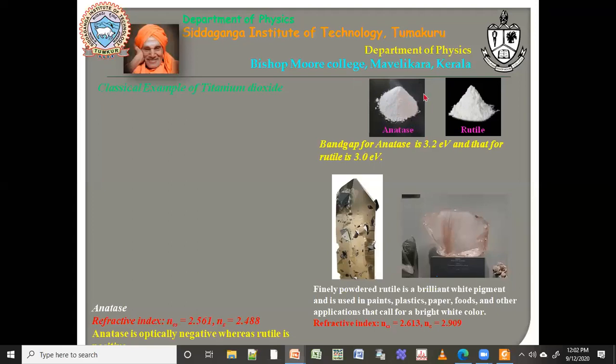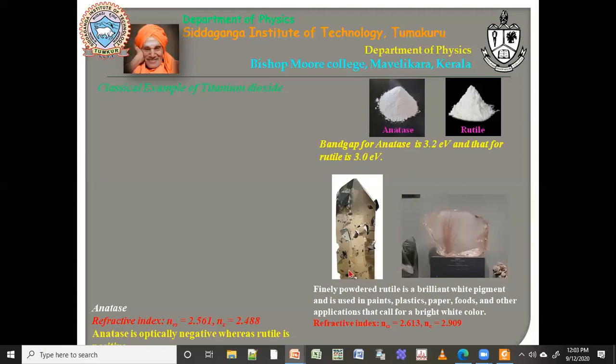So this is the physical appearance, and if you calculate the band gap by using UV absorbance or UV diffraction, then for anatase it is around 3.2, and for rutile it is around 3 electron volts. So very close. If you have any experimental error, it may not be easy to distinguish which is anatase and which is rutile.